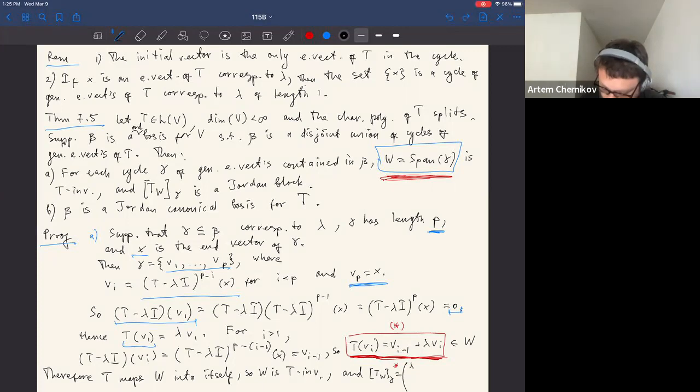For the second column, we have 1, because if we look at T of v2 and apply star, it is given by v1 plus lambda v2. So it means 1, then I have lambda, and then I have zeros. And continuing this way for each column, we get lambda on the diagonal, 1 above it, and zeros everywhere else. And so this is a Jordan canonical block, or a Jordan block.